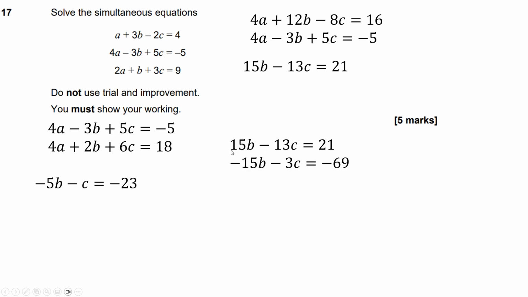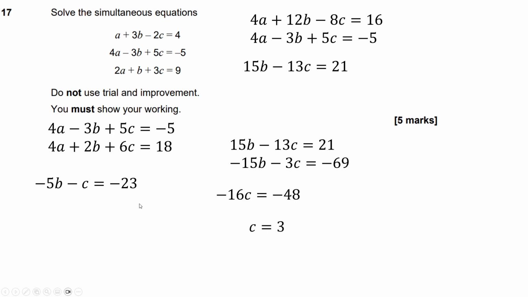You do not want to take away, because 15 take away minus 15 is 30, so you want to add these together because 15 add minus 15 is zero. Now minus 13 plus minus 3 is minus 16c, and then 21 take away 69 is minus 48. So cancel the negatives, so c equals 3, because 16, 32, 48.